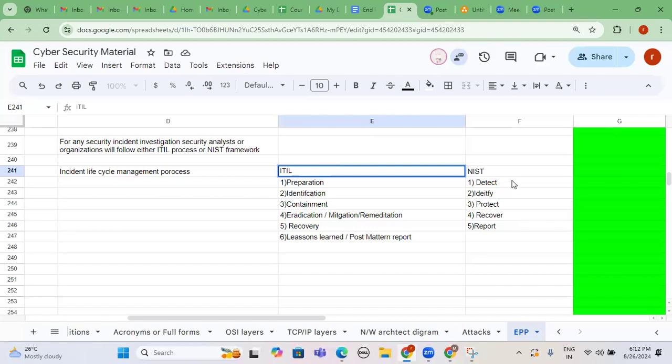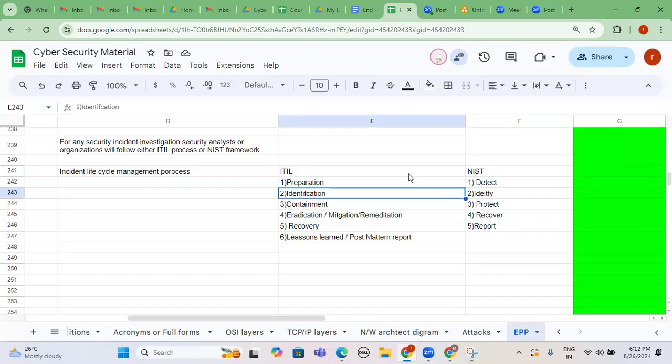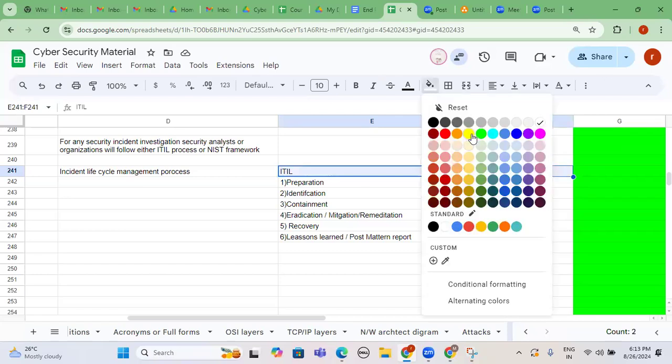Product-based companies like Nokia, Google, Facebook, Microsoft, Robert Bosch, Honeywell will follow the NIST framework. It depends. That doesn't mean product-based companies only follow NIST and service-based companies only follow ITIL. It's not like that. It depends on whatever policies they define based on compliance.